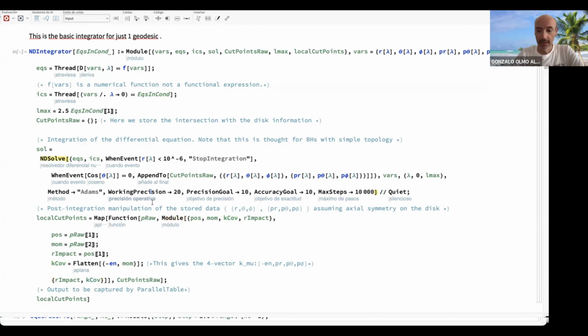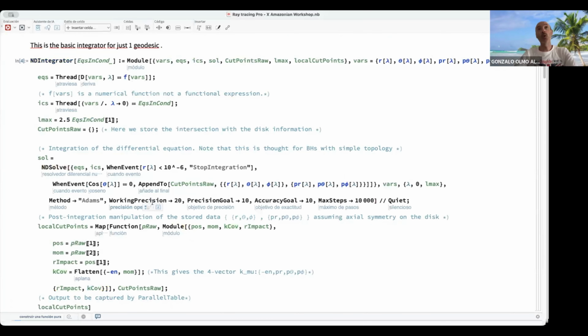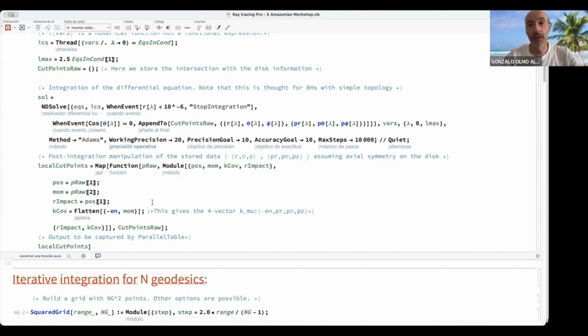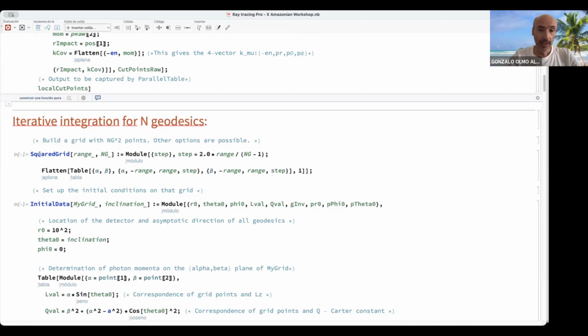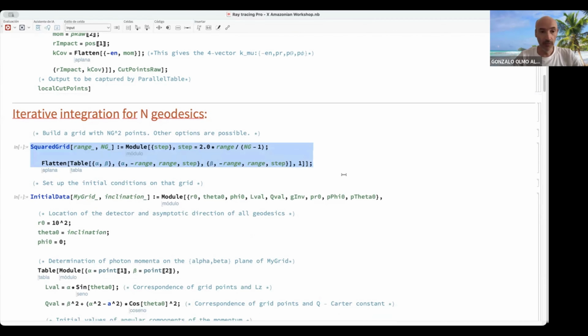So this is the integrator for one geodesic, and now we need to integrate many geodesics. This is the part that is more different from the previous code, because here I decided to split the different elements of the iterator. On one side, I defined the square grid, the detector, the grid of pixels.